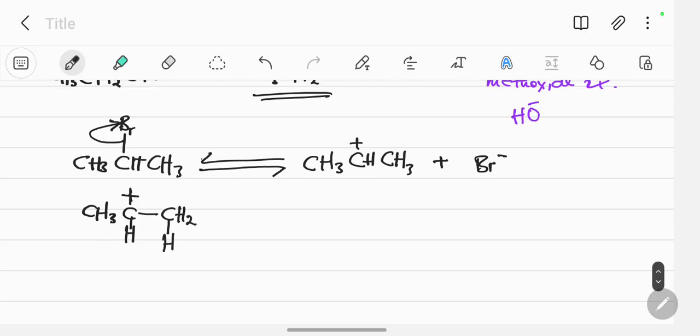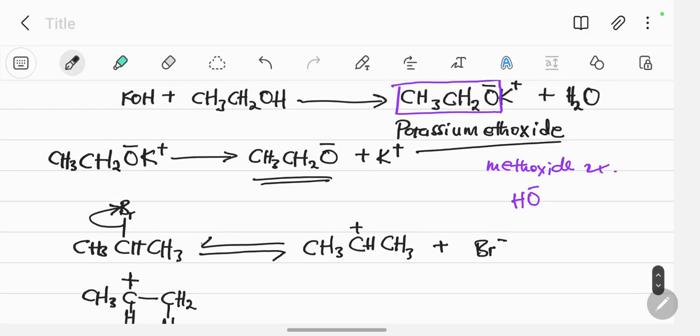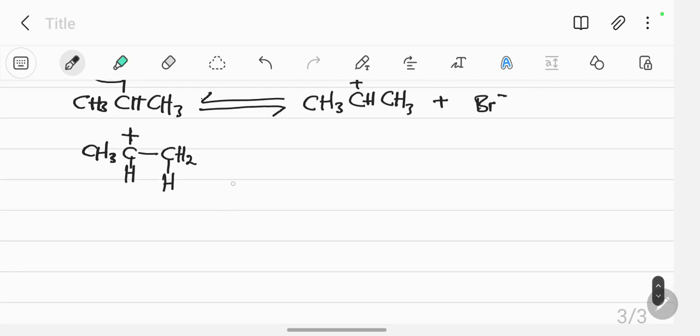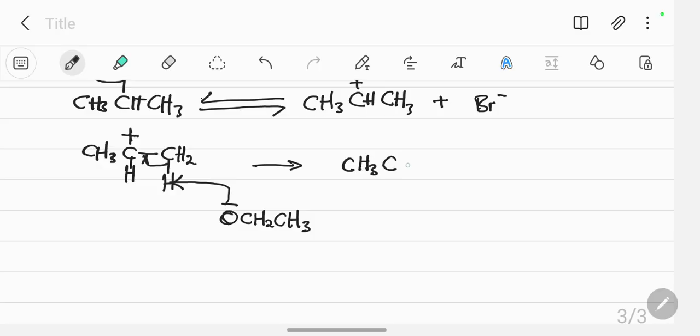So when you look at this, remember we've prepared our ethoxide ion now. The ethoxide is going to attack. So it's going to be O⁻CH2CH3. It's going to attack this hydrogen as that breaks off there. So it's going to be CH3CH=CH2.